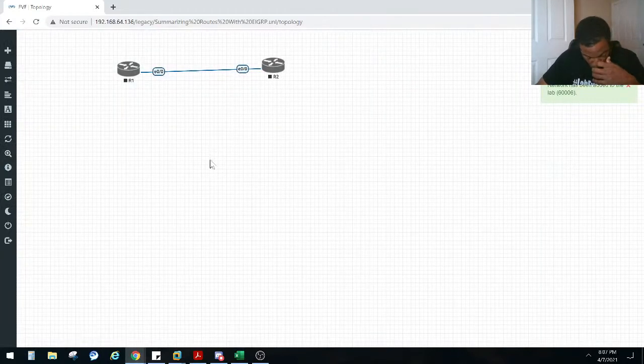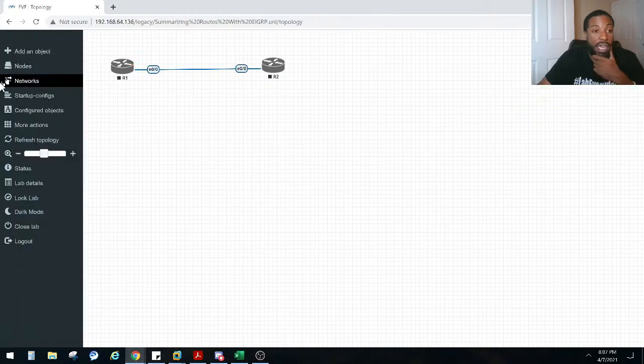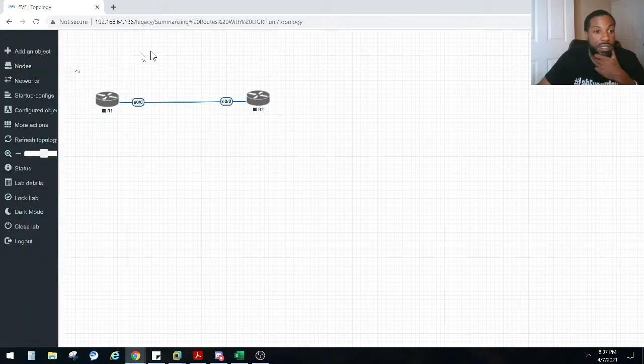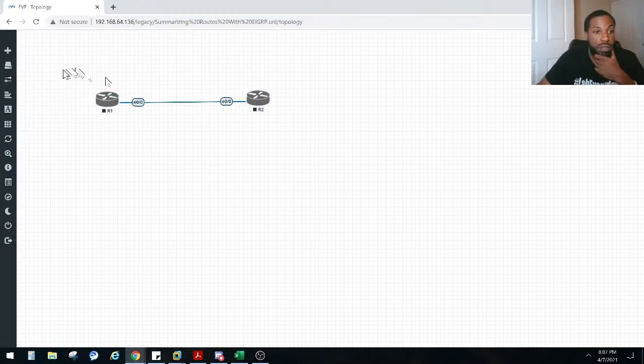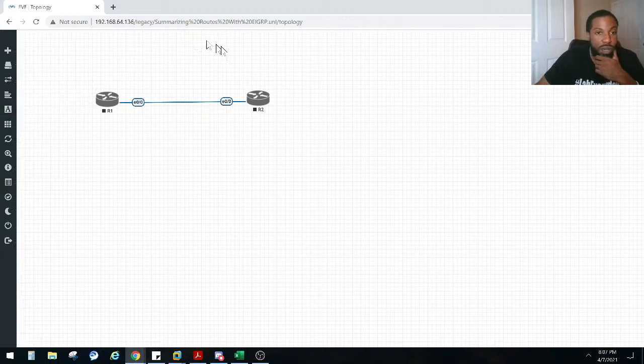Now the lab calls for a serial interface. I don't have any serial interfaces on this router here. Let me go ahead and let's get some labeling in here. That's all the cabling we got to do here, right? So let's add a shape. Where can I add my shapes at? I thought you could just right click and get a shape.